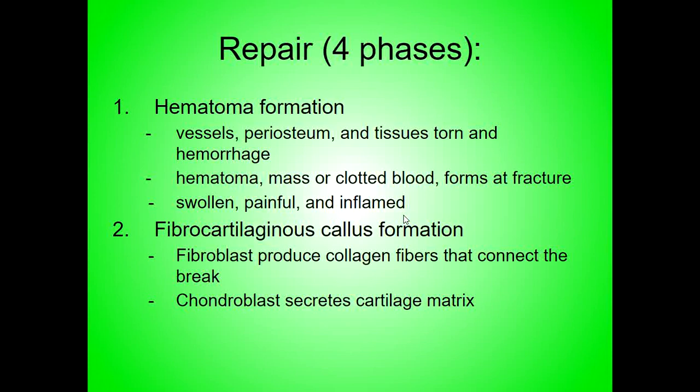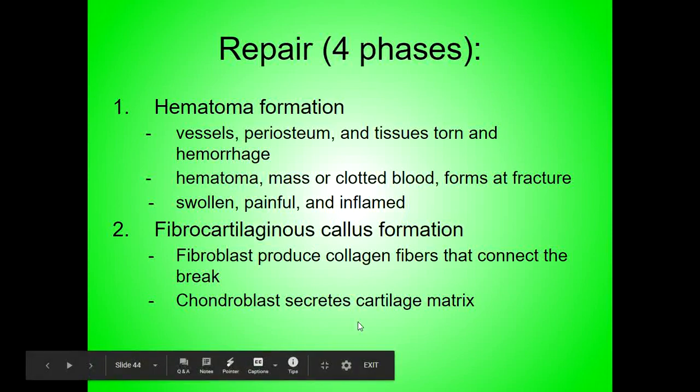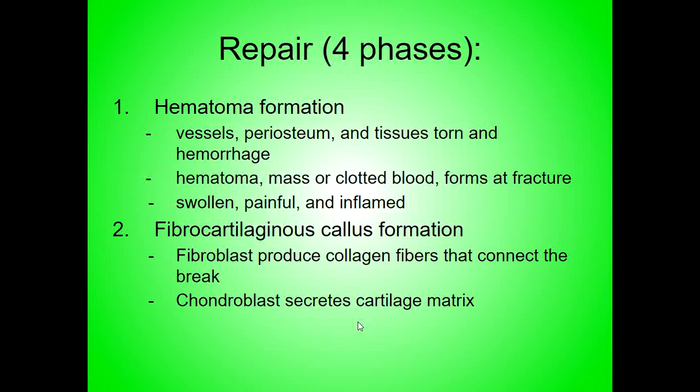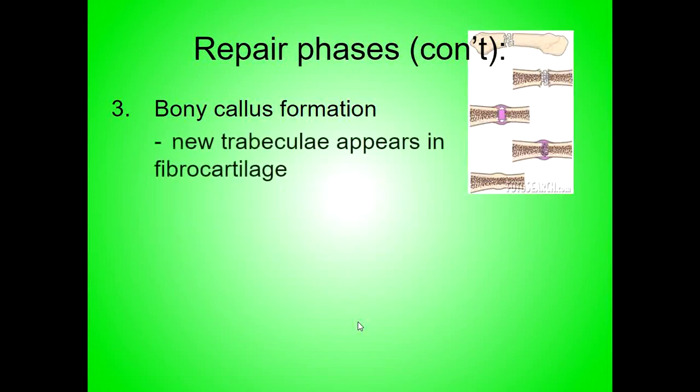So then we have fibrocartilaginous callus formation. This is where we're going to build a callus around the broken area and connect the break. And at that point, we're going to start to secrete cartilage that's going to be kind of a temporary patch on the bone. So then after the cartilage forms, we need that obviously to begin to become bone.